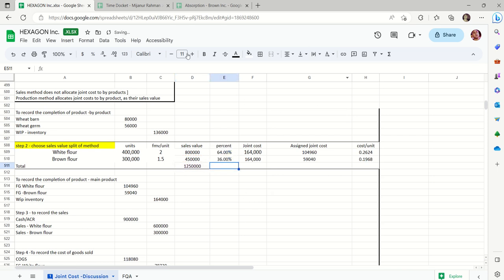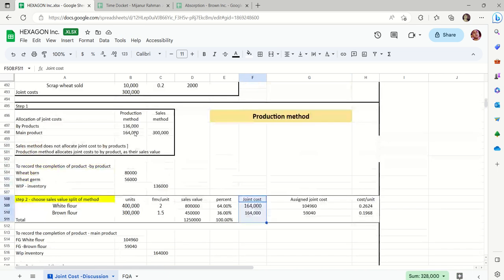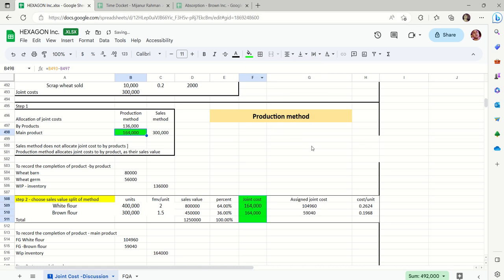That gives us 36%. We need to sum this up so we know our numbers are correct, 100%. Then we just simply place the joint costs here, which is 164,000, that we just calculated over here, highlighted in green. We just simply paste it there.